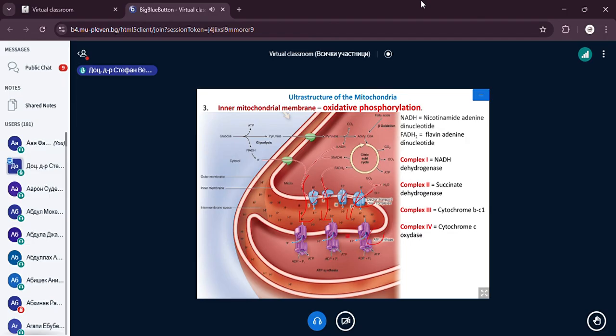And then the last complex, adenosine triphosphate synthase, allows these protons to return to the matrix and captures the energy of this electrochemical gradient into the macroergic bond of ATP being produced by the fifth complex, the ATP synthase.